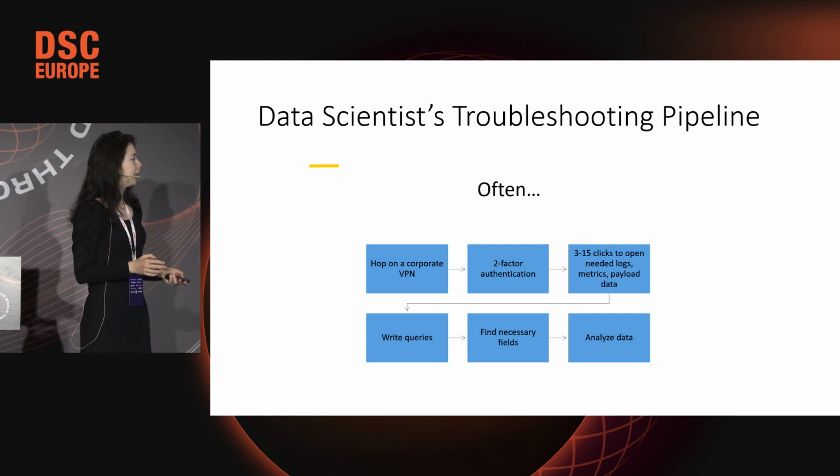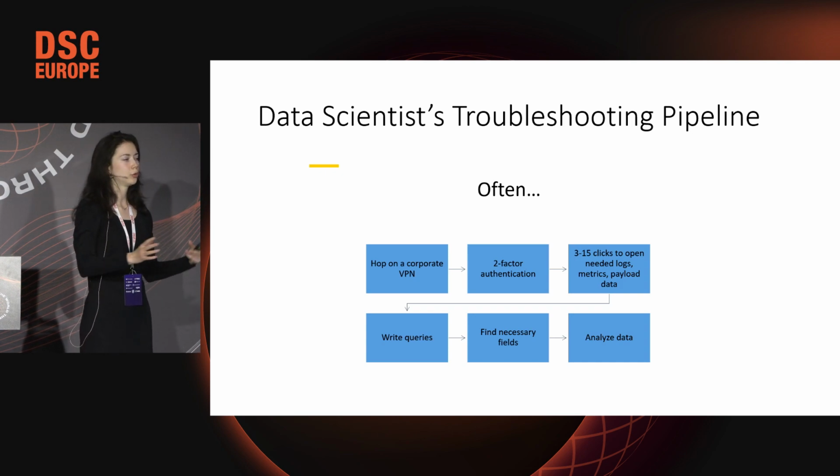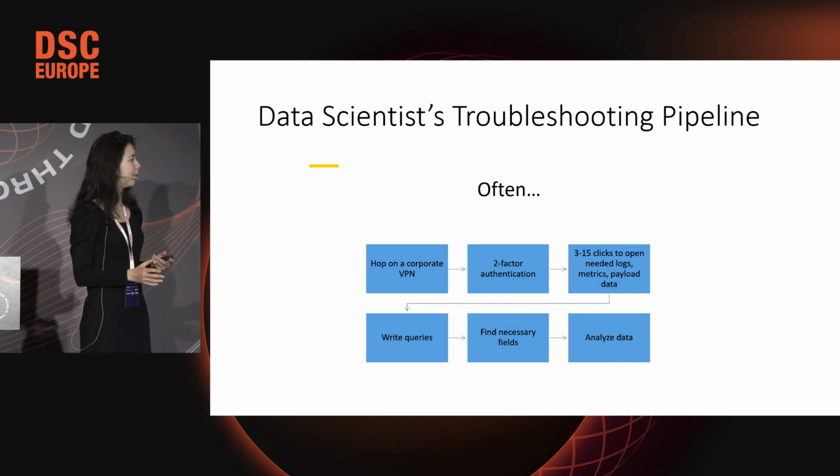And we find necessary fields, and then we analyze the data. Sometimes we download, we aggregate it, maybe go to Jupyter Notebook to run this analysis, or write a Python script.